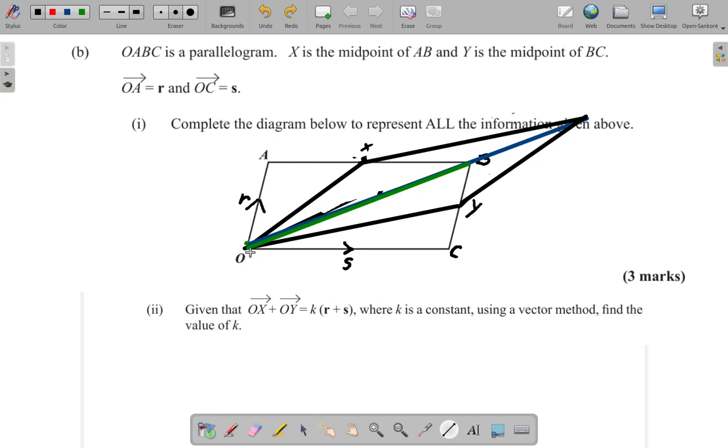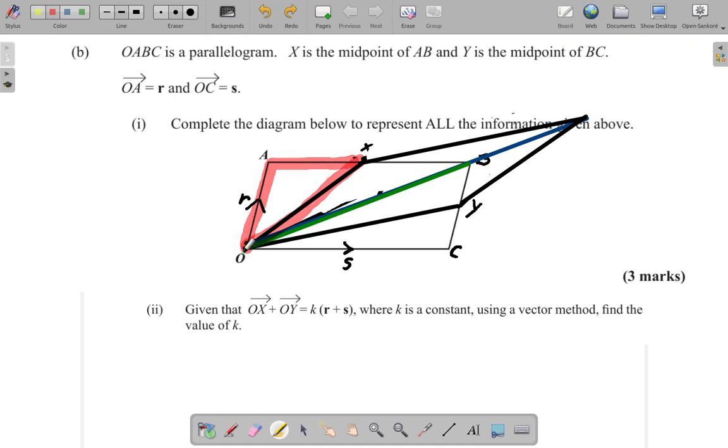Alright, now let's look at these vectors using a vector method. Consider the vector OX. You remember when you add two vectors using the triangle law, the other vector, the OX, would be the resultant. The other two vectors would follow each other and oppose the resultant. So OX would be OA plus AX.